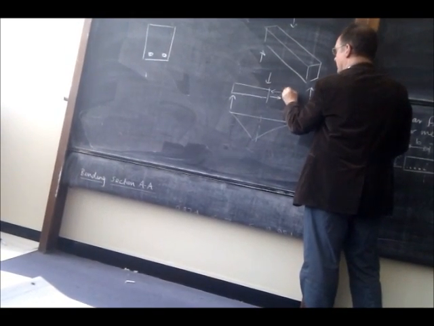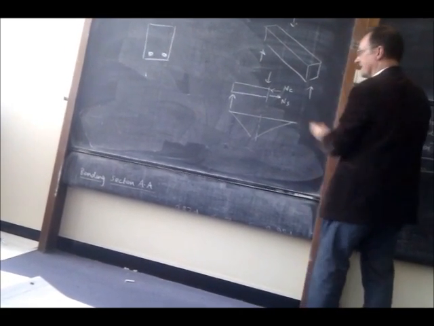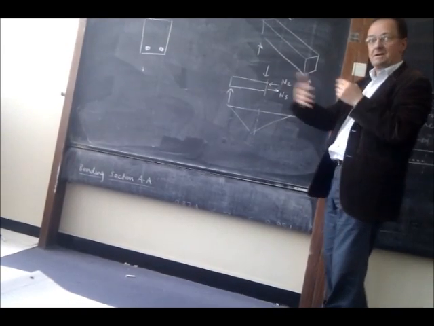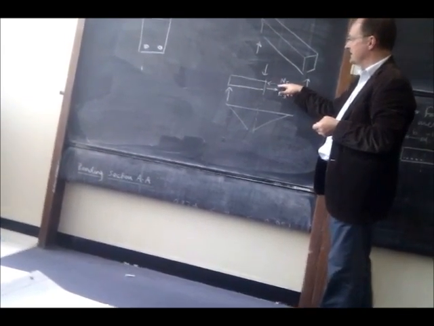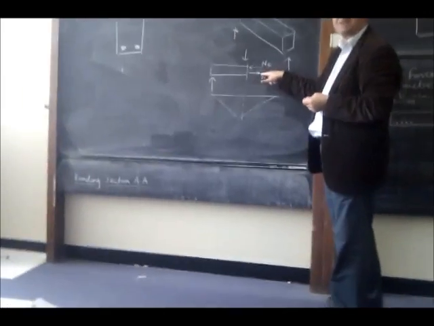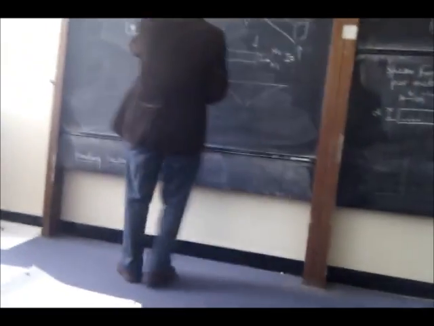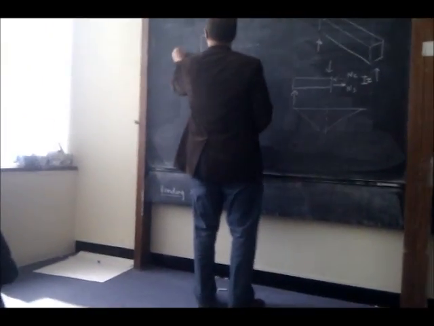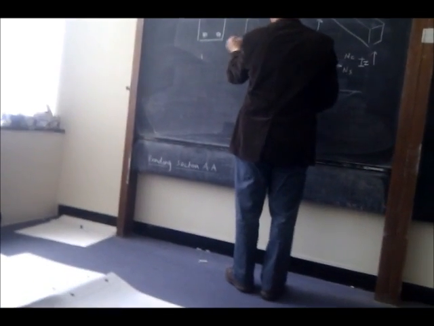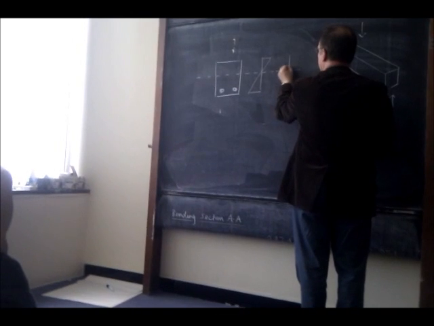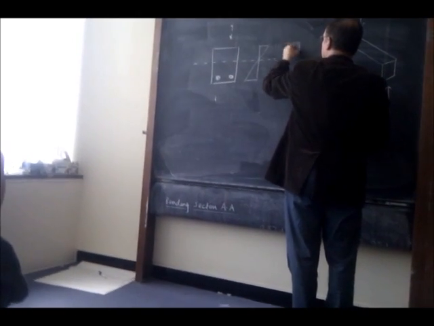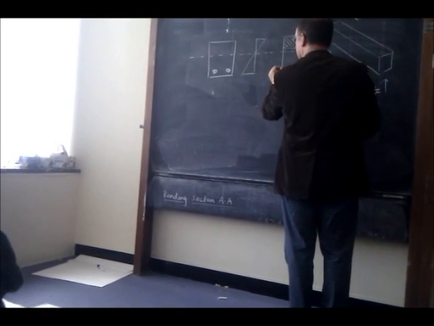Force in the concrete, force in the steel. There's no externally applied force, it's not pre-stressed concrete. The distance between the resultant line of action of those forces is Z, and that's the lever arm. So in this case, we've got a strain diagram like that, and a stress diagram like that.